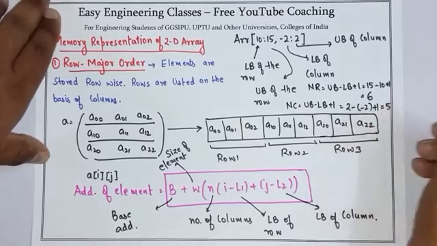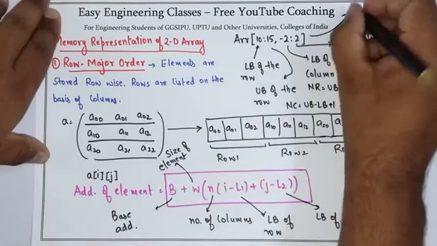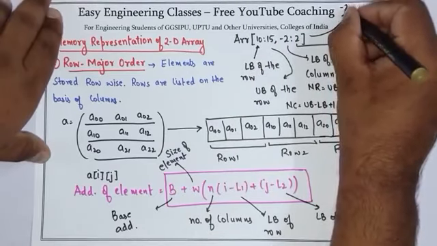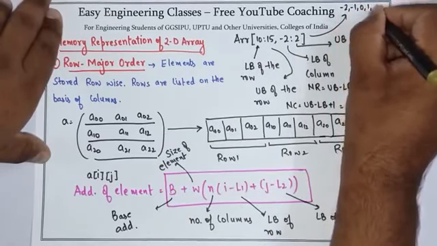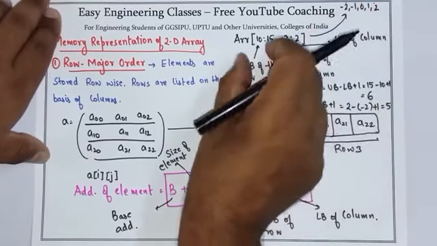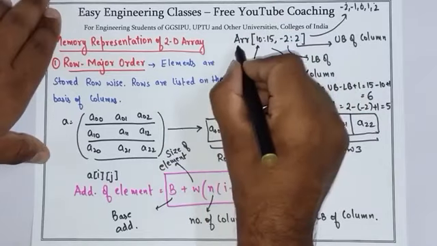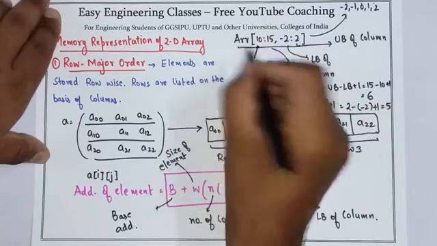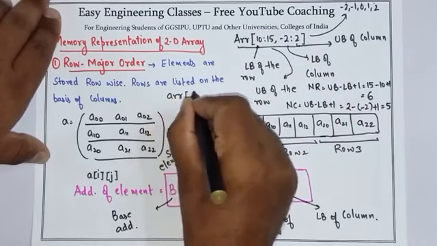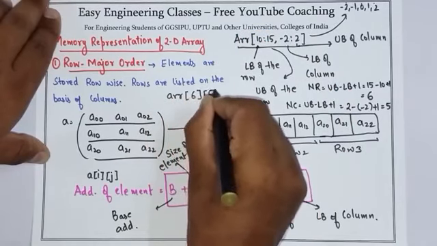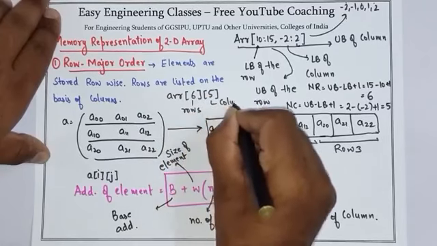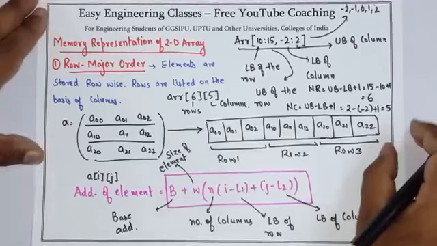So the number of columns is 5. You can also see that if I represent this, the columns are minus 2, minus 1, 0, 1 and 2: 1, 2, 3, 4, 5. So 5 columns and 6 rows are there in this array. So this array is nothing but a representation of array 6 by 5, where 6 is the number of rows and 5 is the number of columns.